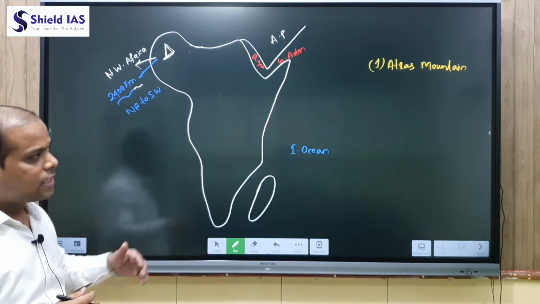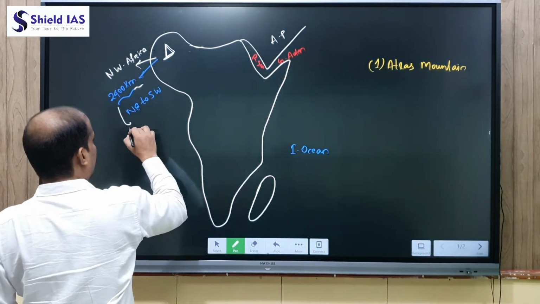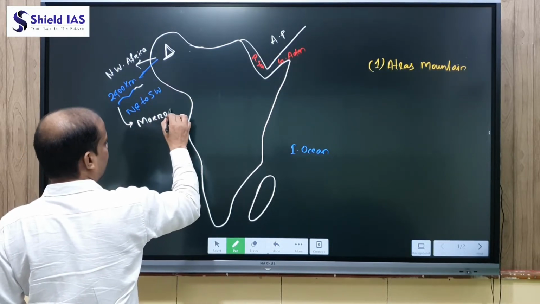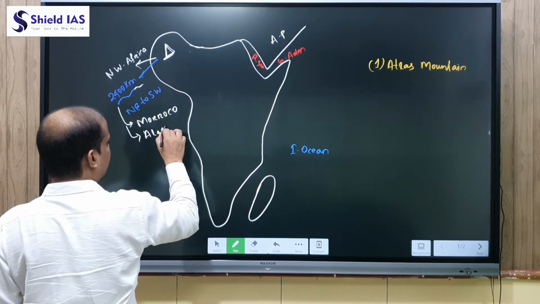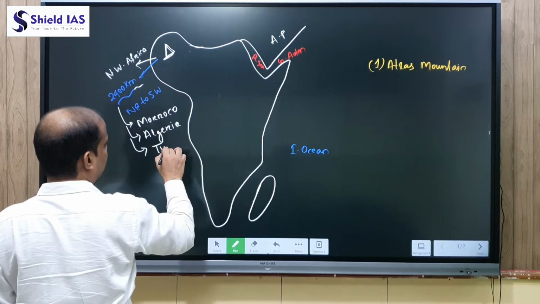The countries which lie in the Atlas Mountain are Morocco, Algeria, and last Tunisia.